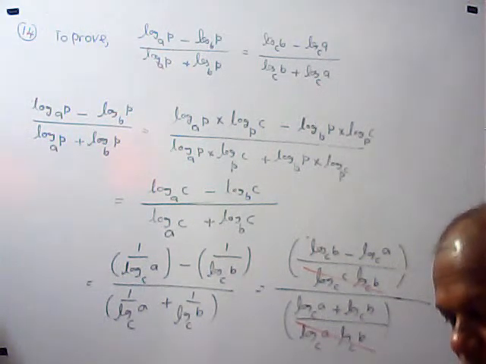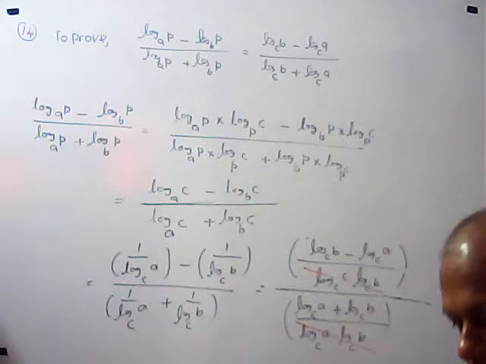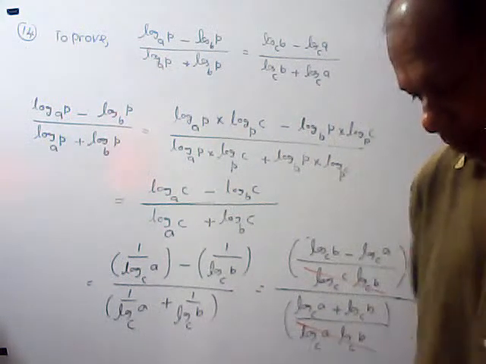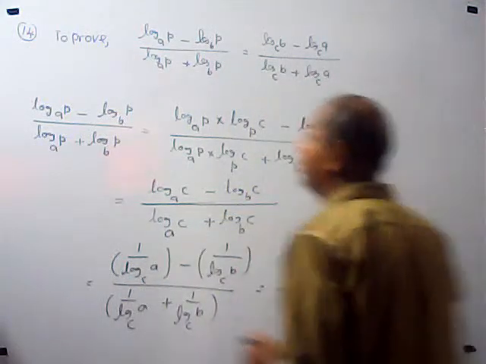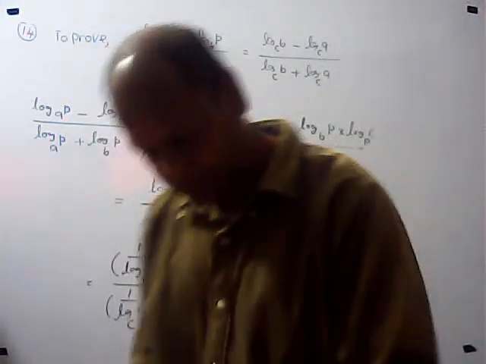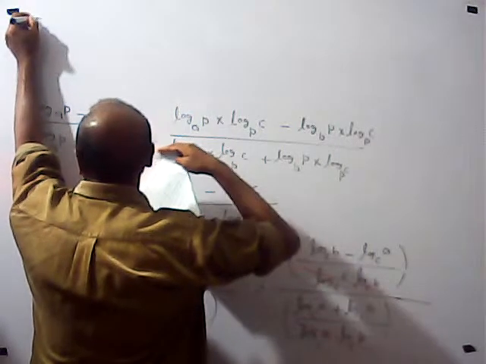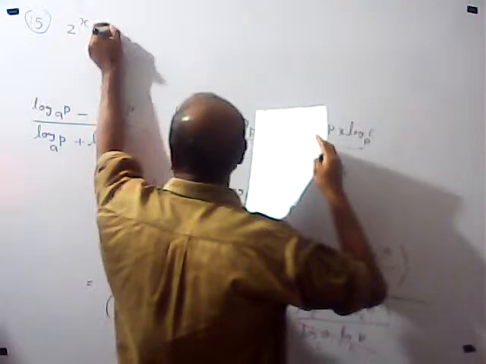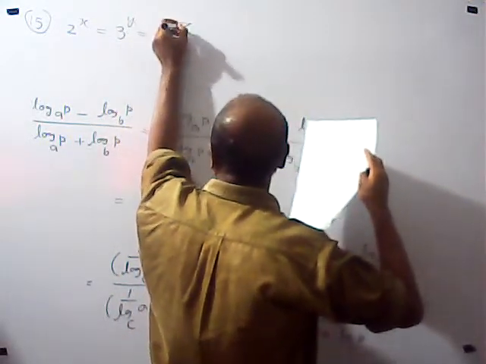Right. So 15 and 16 you can do for homework. For 15, I'll give some hint. Homework number 15: you are given 2 to the power x equals 3 to the power y equals 12 to the power z.